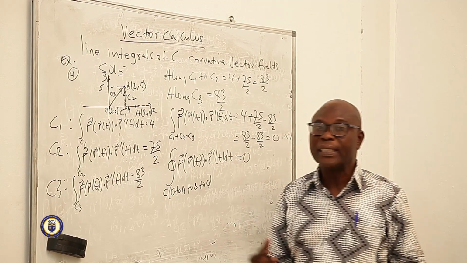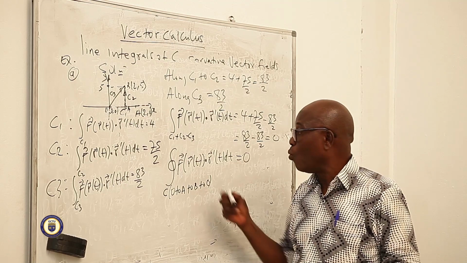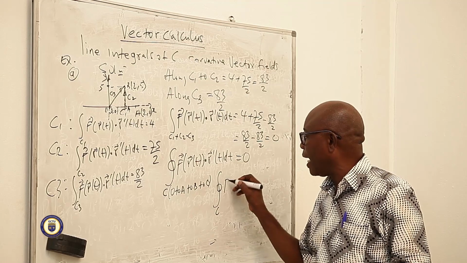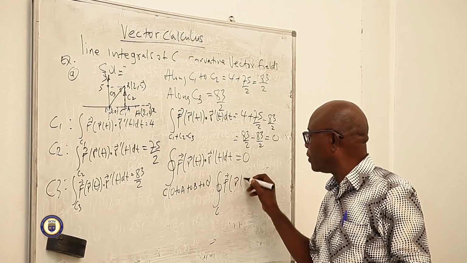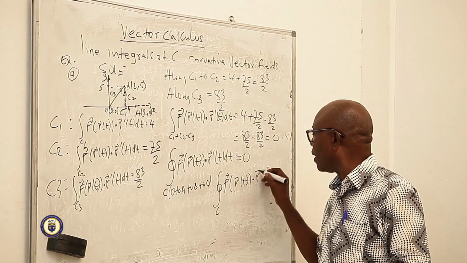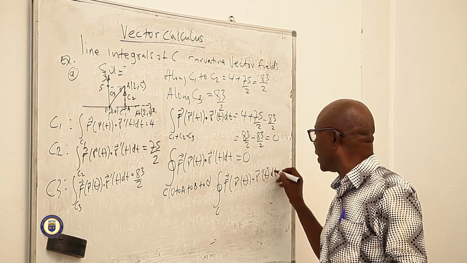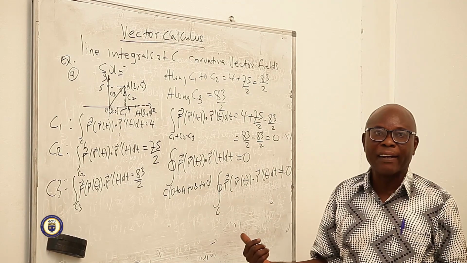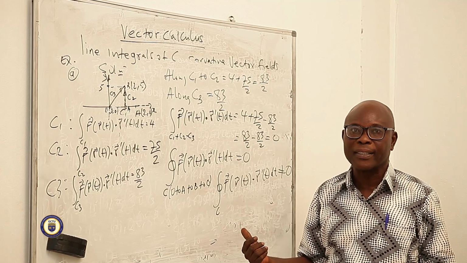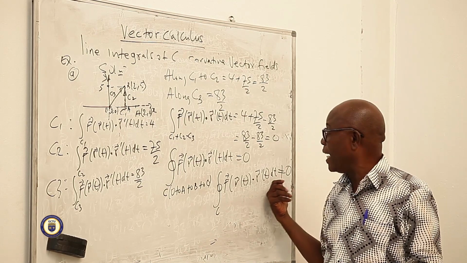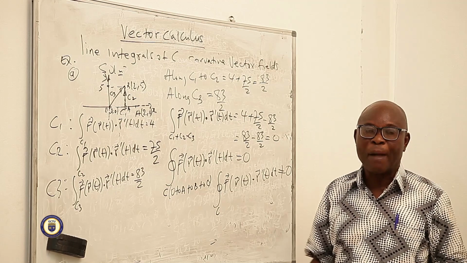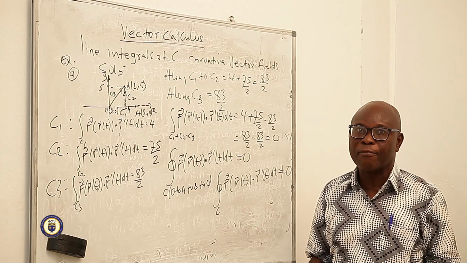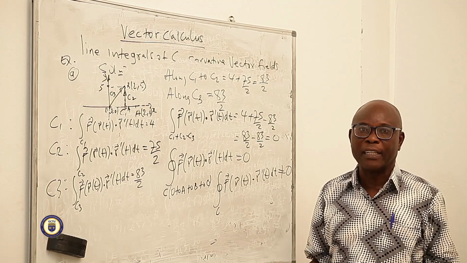So in situations where this line integral along a closed path, let's say F of r of t dot r prime of t dt, is not equal to 0, when we do a line integral along a closed path and the integration gives us a value apart from 0, then it means that the vector field F is not a conservative vector field.